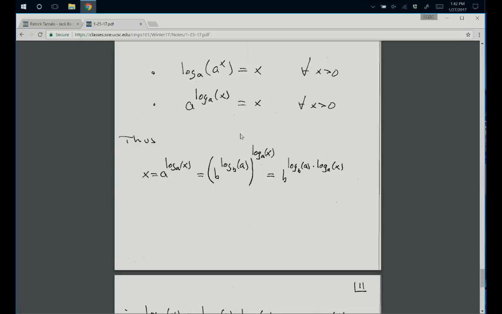All I did was swap these two, and use both sides as an exponent on a. But the laws of exponents say that this is a to the log base a of x, all to the power log base b of a.